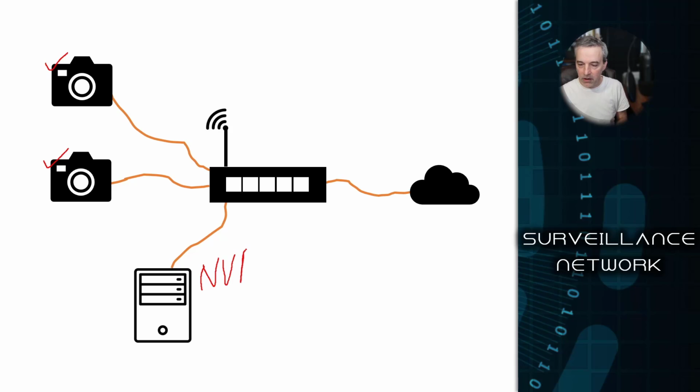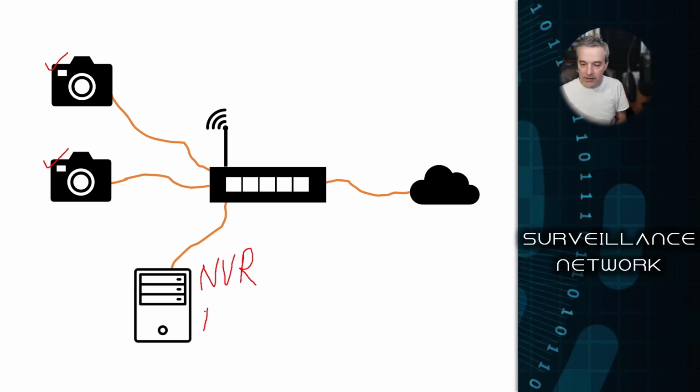Now, an NVR is a network video recorder, which is basically just a computer that is available for a camera to connect to, or that the NVR might connect to the camera the other way. And it just records the data that is being sent from the camera onto a disk. The disk is typically a high capacity disk, and it allows you to go back and review older recordings from the cameras.